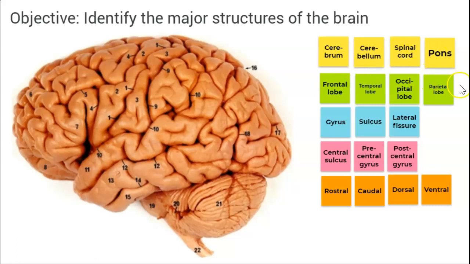And then I've subdivided it into the lobes. And the specific thing that gets subdivided into the lobes is the cerebrum. So technically the cerebrum is all of this right here. So anything that has the big folds, that is the cerebrum.